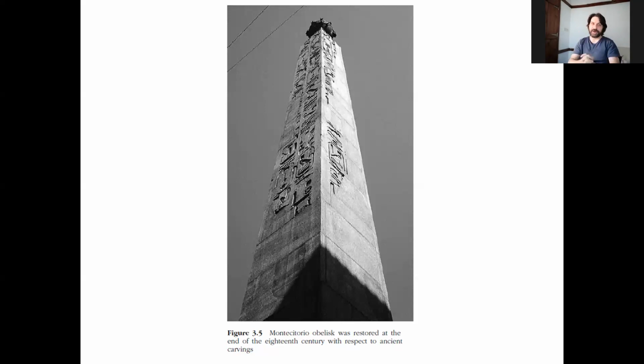So we don't try to complete it, but we just indicate a neutral plane to show that we don't know how it was in its original state. As a result, Winkelmann made a distinction between original and copy. Original is valuable, copy is not valuable, so we make a distinction. This is very important for the development of the modern approach to heritage.